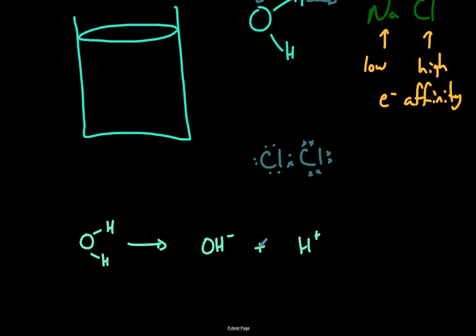I know, it's weird. It's weird to think of that, but a little bit of water, just natural everyday water, has separated into two ions, okay, and they have names. This is a hydroxide ion, and we've seen it before, right? We've seen a hydroxide ion before. It's on our table of common ions. And then the other thing is H plus, which is a proton.